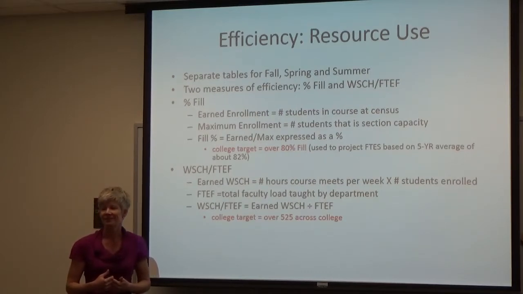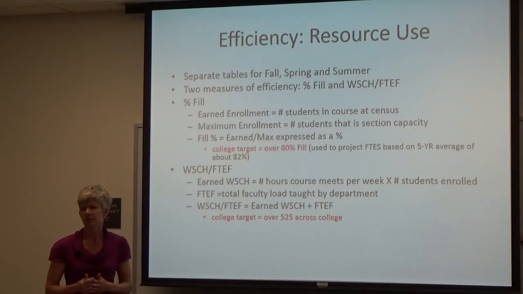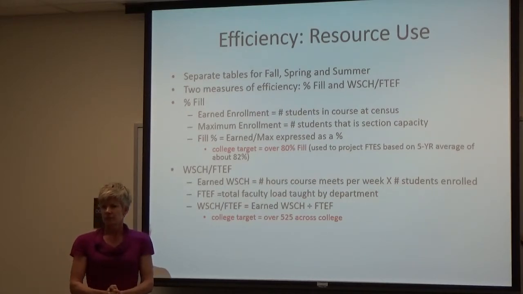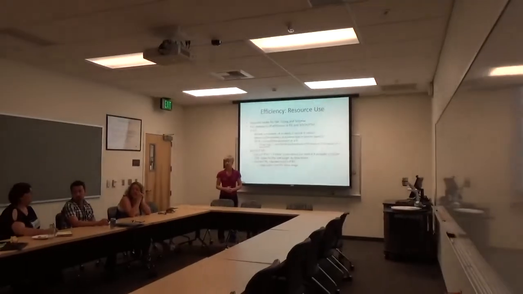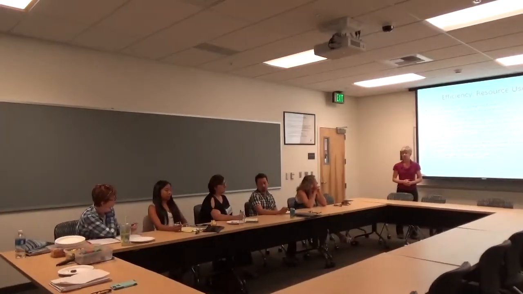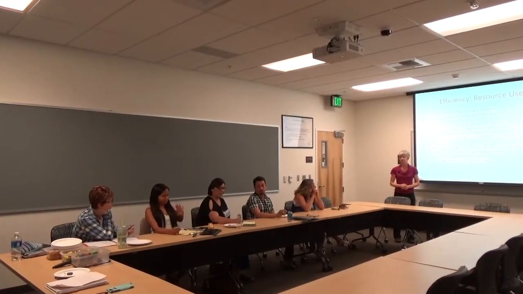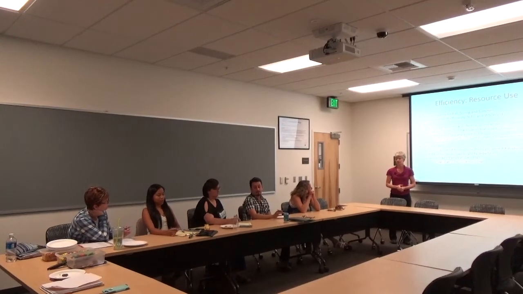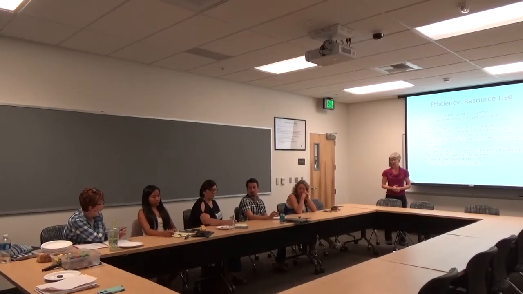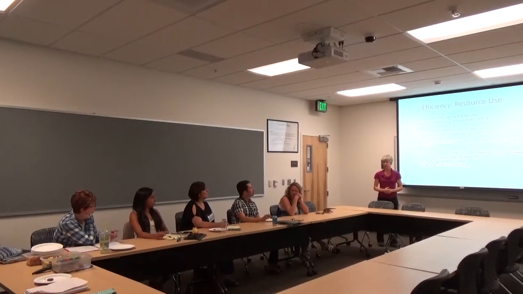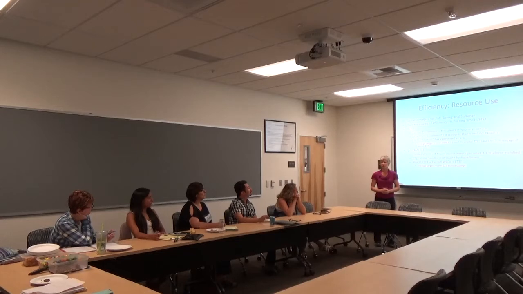Sorry, Bonnie, I'm just wondering, you said 525 WSCH is a target, but that brings it to 17.5 FTEF. In the previous presentation, the example had an FTEF of 10. That was the total in the department, so we weren't looking at the WSCH for that department, just the FTEF total.